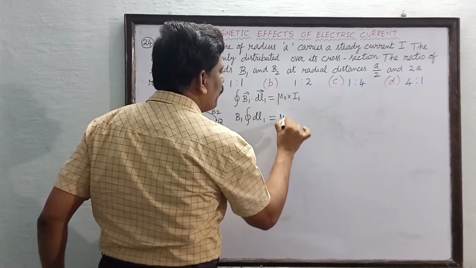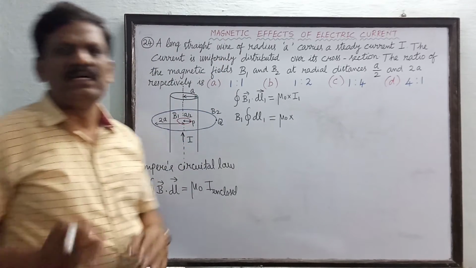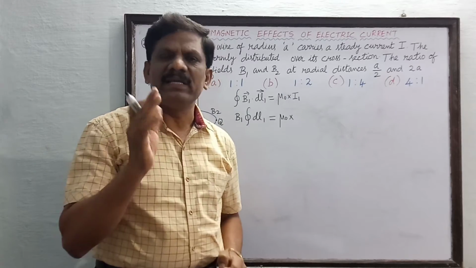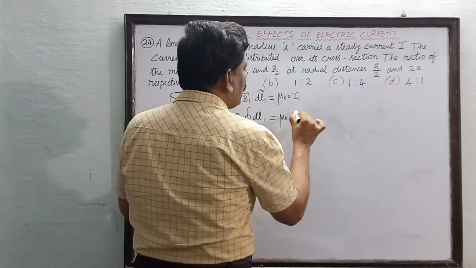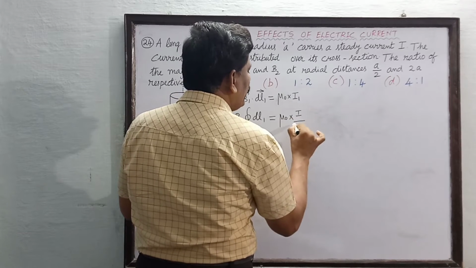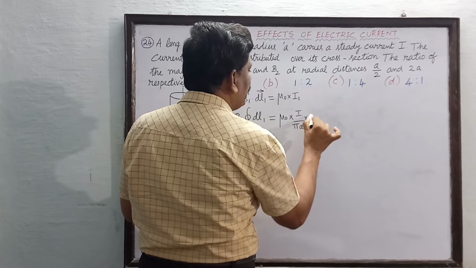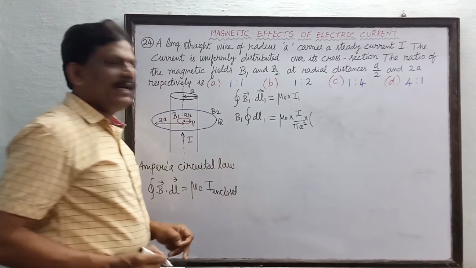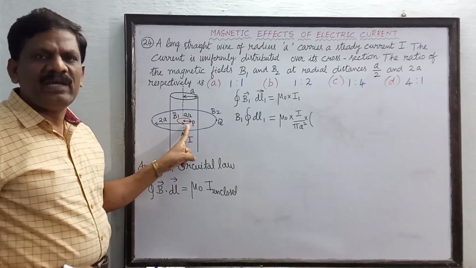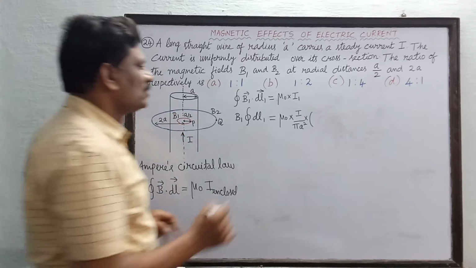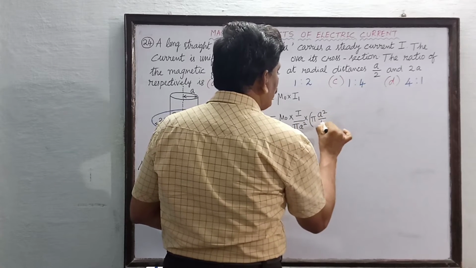So this is equal to mu naught into the current I1 enclosed by the Amperian loop of radius a by 2, that is equal to current I per unit area, I divided by pi a square, into this area, pi into a by 2 the whole square. So this pi into a by 2 whole square is pi a square by 4.